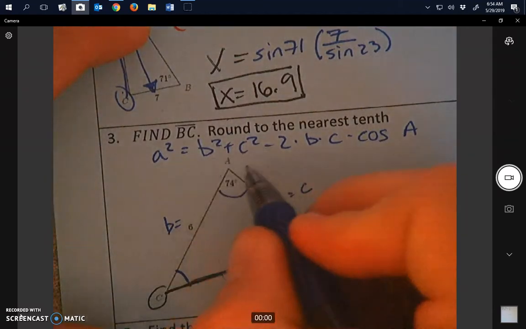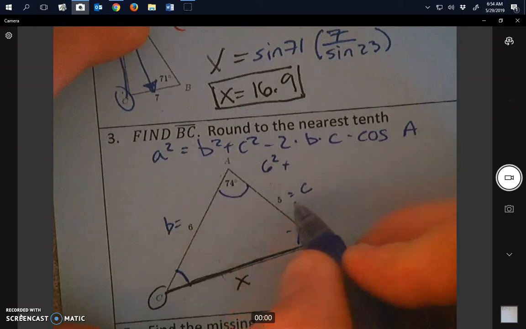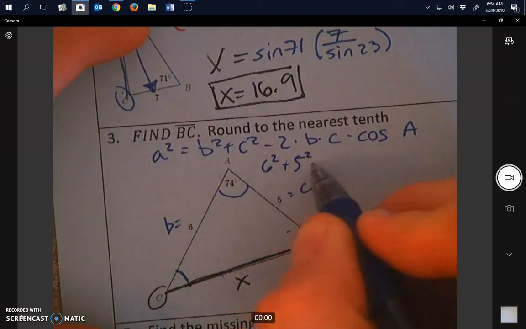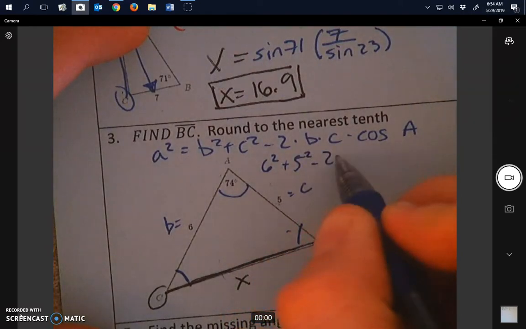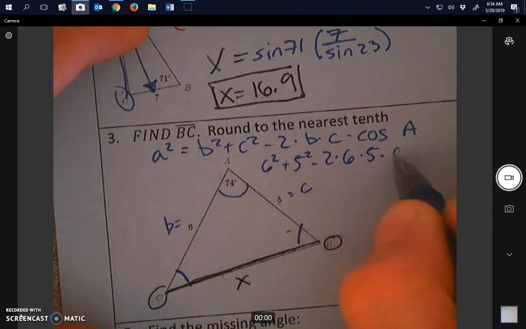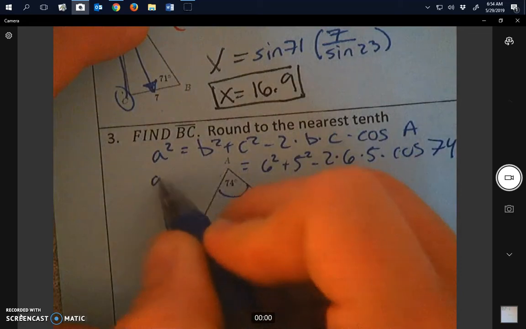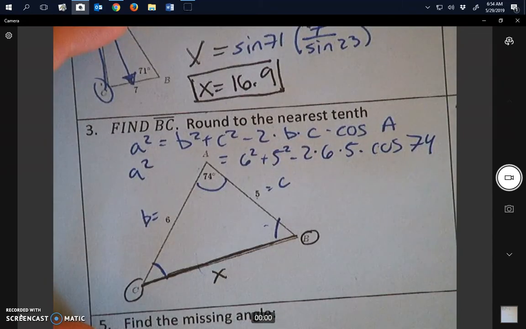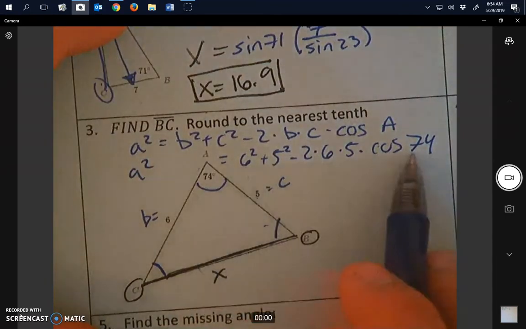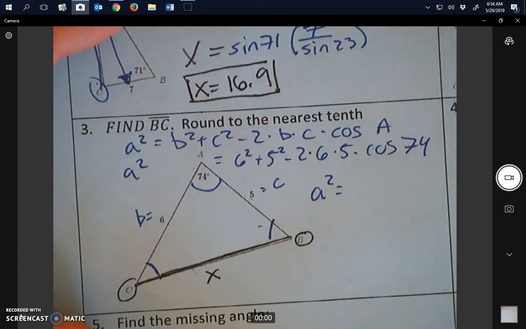So B is 6 squared plus 5 squared minus 2 times 6 times 5 times cosine of 74. And this all equals A squared. Okay? So we're going to plug this all in the calculator, and then we're going to get A squared is equal to some number.